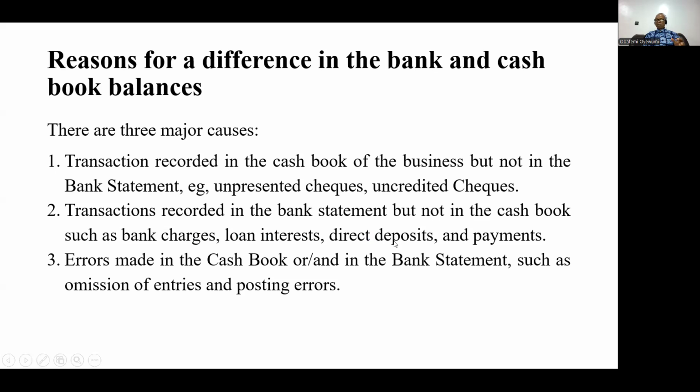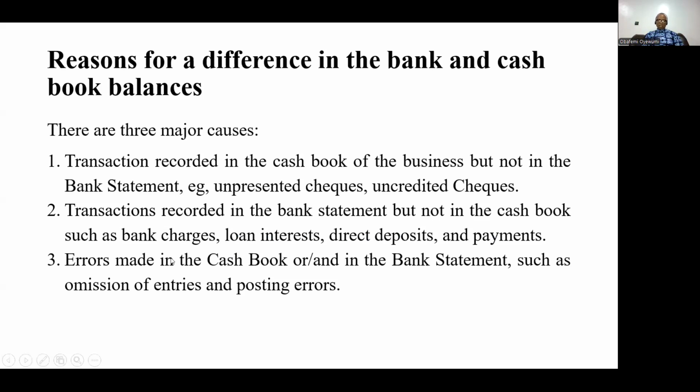Direct deposit, maybe somebody credited your account without letting you know as at the end of the period. Or direct payments. For example, you gave a standing order to the bank to make some payments on your behalf every month. It's possible for these payments to be made and for you not to have been notified.